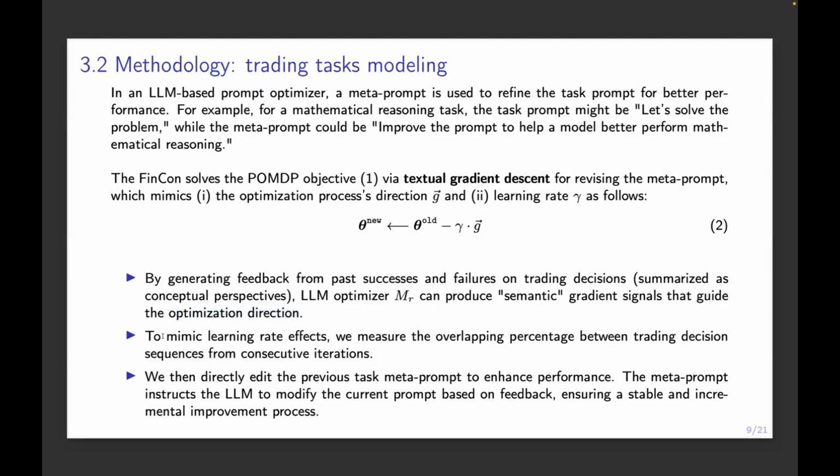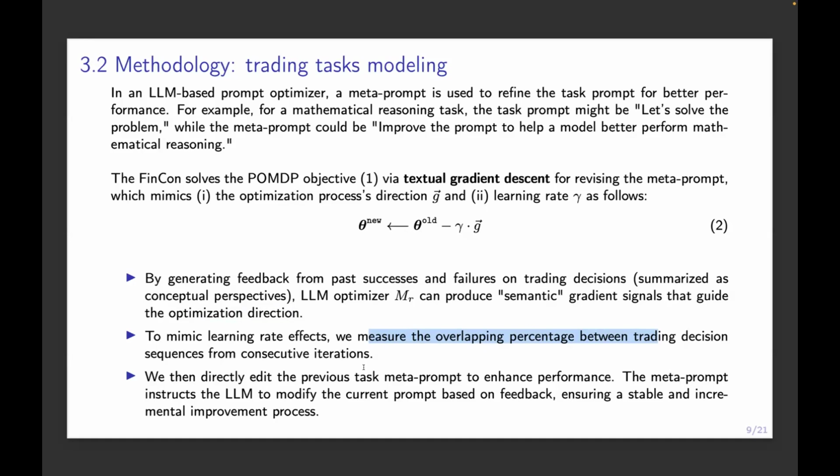To mimic learning rate effects, we measure the overlapping percentage between the trading decision sequences from consecutive iterations. For example, on the second and third training iterations, we compare the trading decisions generated in these two iterations. Then we calculate the overlapping percentage between these two sequences of actions.